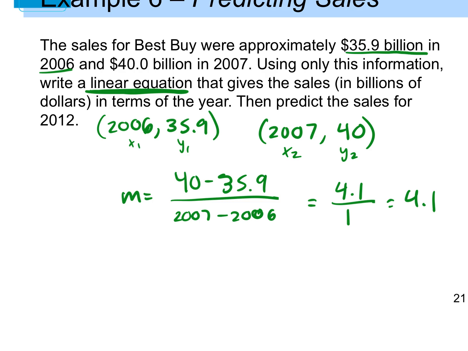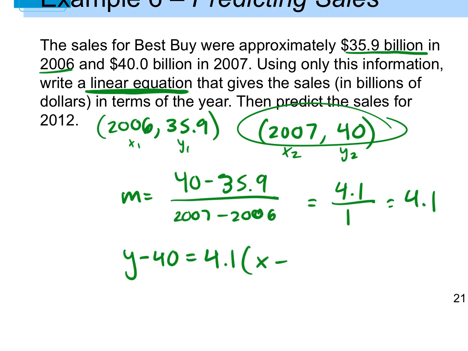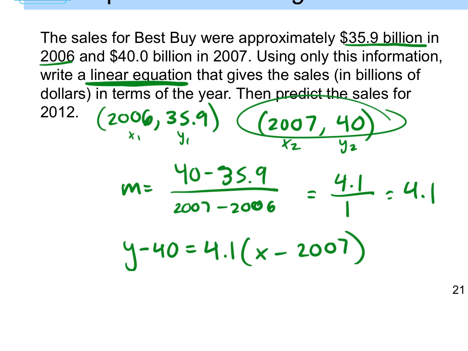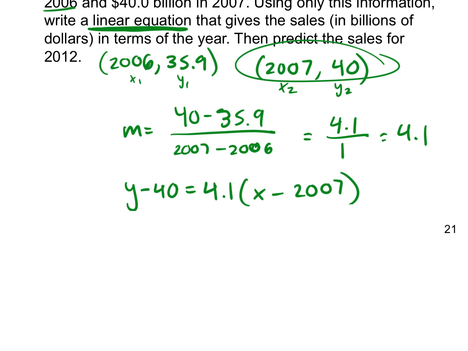So when we write this as an equation of a line, you can use whichever point you want. I'll use the second one just because the numbers are a little bit nicer. So y minus y1 would be 40 is equal to 4.1 times x minus x1, which is 2007. It doesn't specify what type of equation, it just says come up with an equation. So this would work.